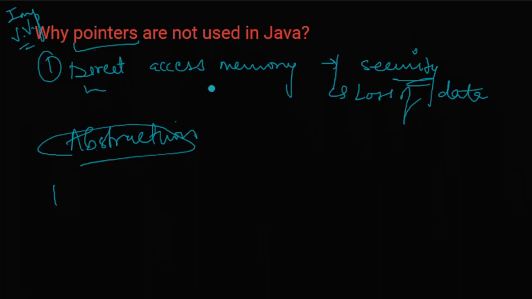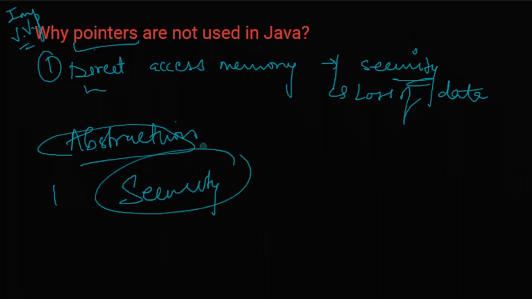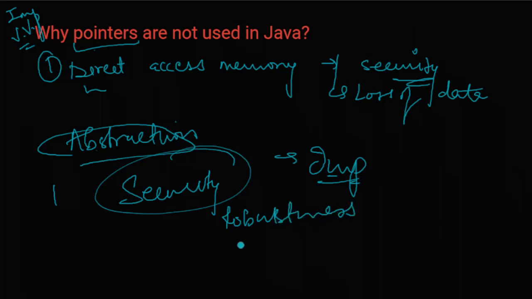If you specify the security reason, this will cover everything. Java is well known for security and robustness, and these two reasons make pointers of no use for Java, because Java is strongly typed.